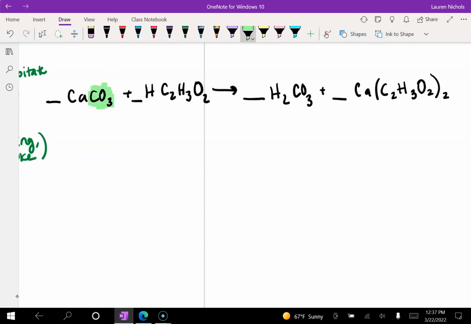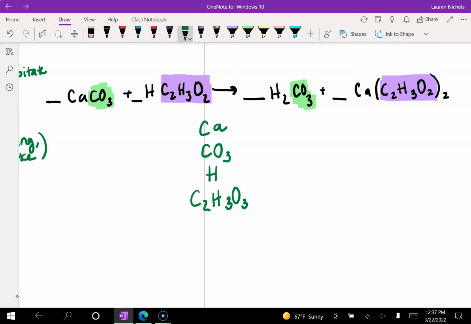So notice we have CO3 on both sides, so we can treat it as one unit. We also have C2H3O2, which is acetate, on both sides as well, so we can keep that together. So what we'll do is we'll instead list calcium, carbonate, hydrogen, and acetate as their own ions and units.